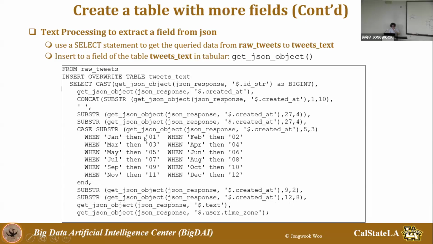Okay. And if this substring expression returns December, DEC, it checks each condition and then it meets here. Oh, it's December, so I want to return 12. Okay. And you close the case with end.